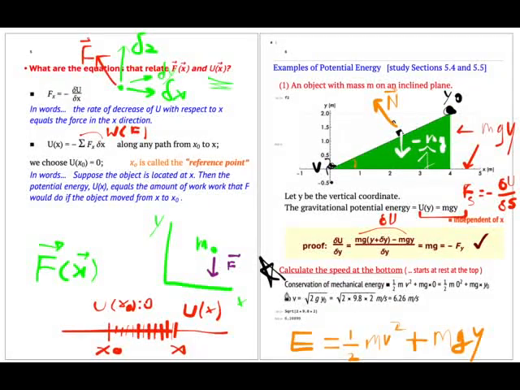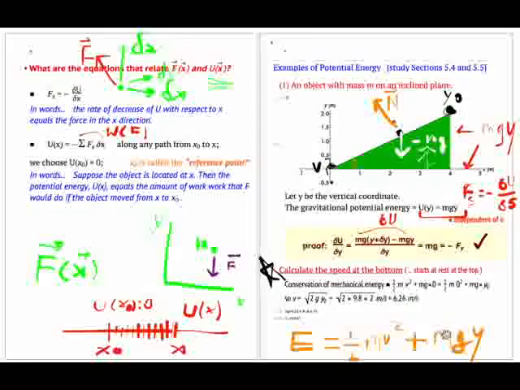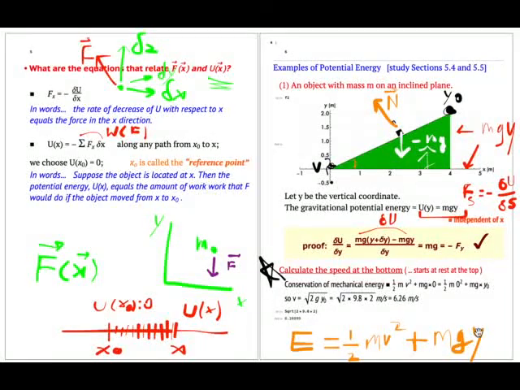The law of conservation of energy says this expression is constant. As the object moves, y changes and v changes, but 1/2 mv squared plus mgy does not change.